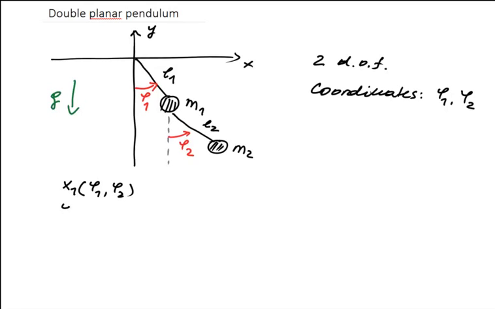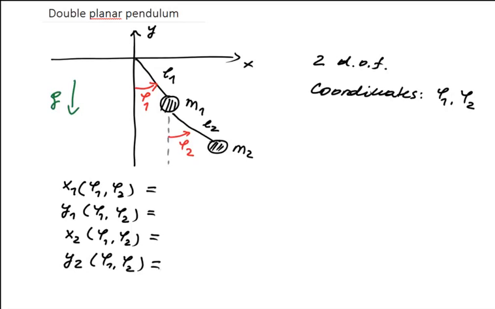We need the y position of the first mass as a function of phi 1 and phi 2. We need the x coordinate of the second mass as a function of phi 1 and phi 2. And we need the y coordinate of the second mass as a function of phi 1 and phi 2.